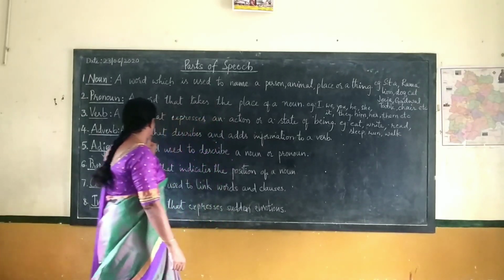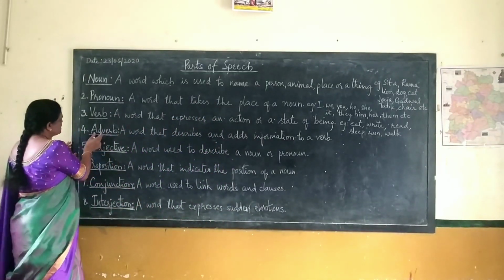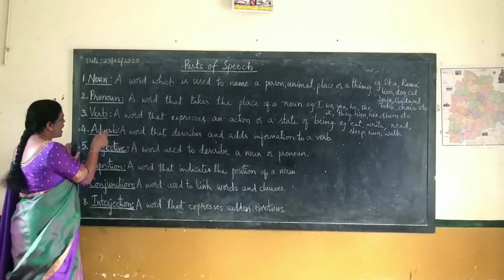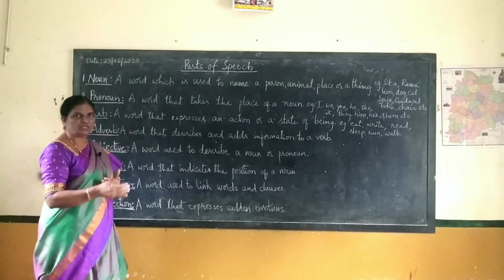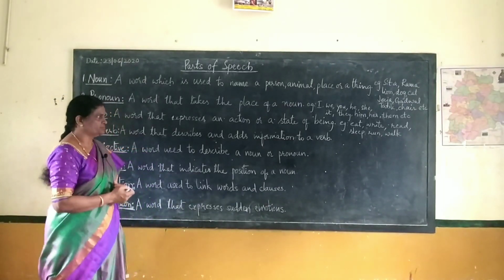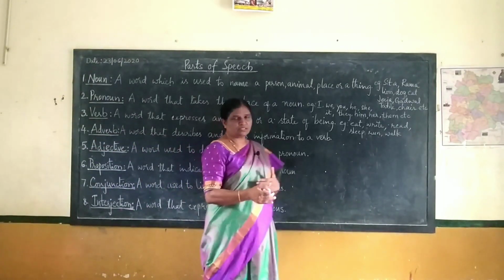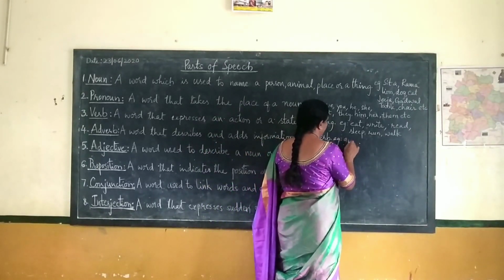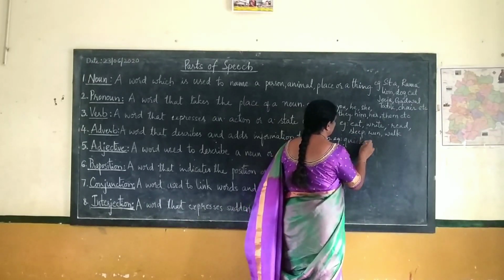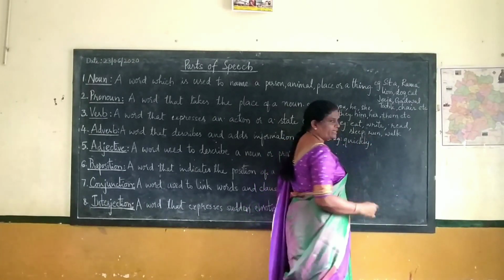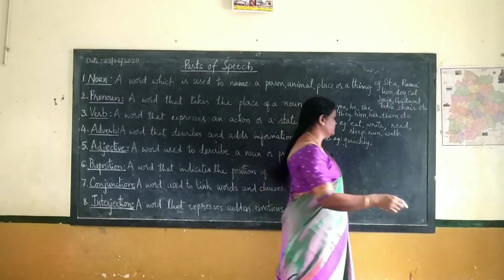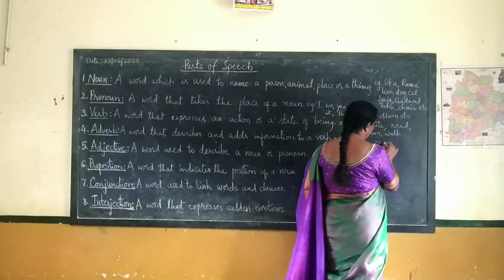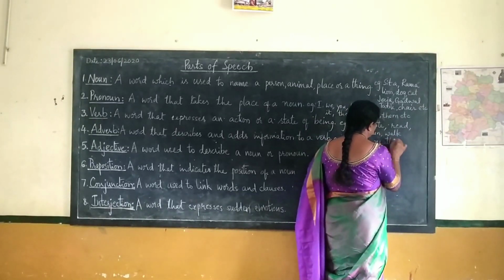This word adds some information to a verb, like he walks quickly. See, for example, quickly. How does he walk? Quickly. She writes neatly. See, adding information to the verb. Neatly.